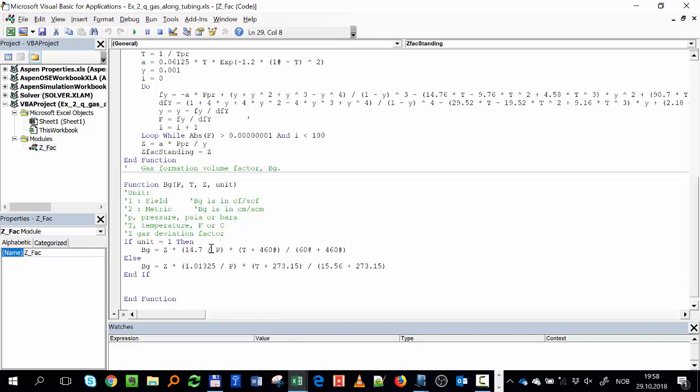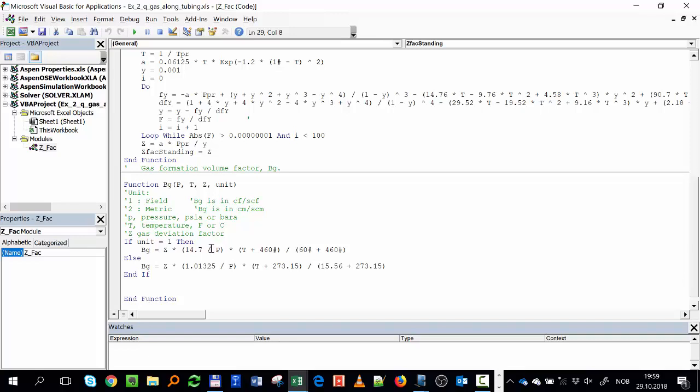So in that case, I want BG to return BG, I have to use exactly the same name. And here I just have, if I'm working in field units, I use this expression where standard conditions are 14.7. But if not, I am using this expression where standard conditions are in bar.